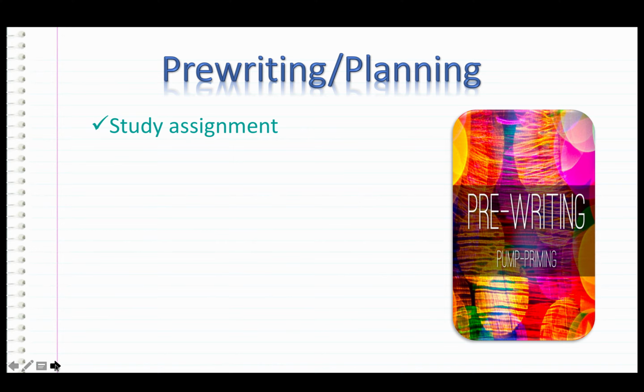Now, as you're going through the assignment sheet, it's a good idea to make initial contact with your professor about the assignment. Make sure that you have a clear understanding of expectations. It's often good to take just a couple of minutes to discuss the assignment with the professor as soon as you can.